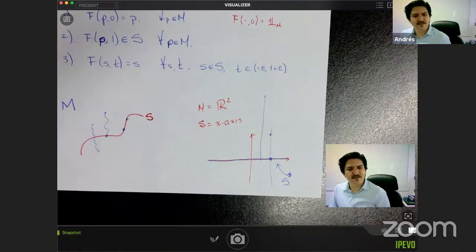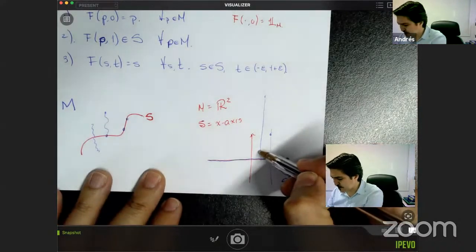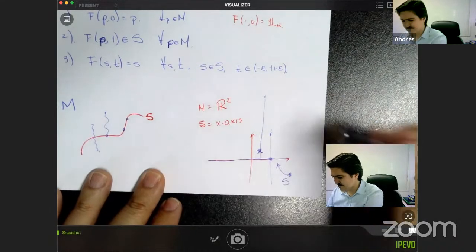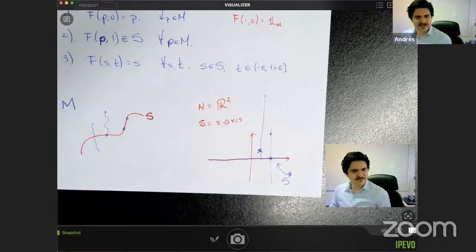However, note that if I remove a point from the plane, say this one here, this argument doesn't work anymore. And it would not be true, actually.